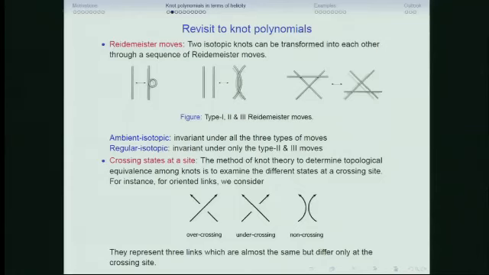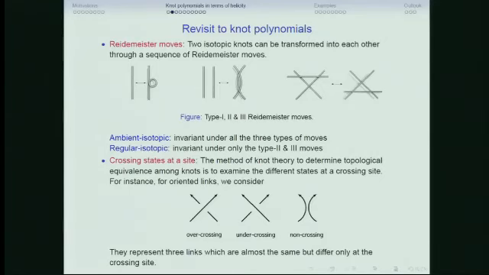If a topological quantity is invariant under all these 3 types of moves, this quantity is ambient isotopic. If it is invariant under only the last 2 moves, it's called regular isotopic.